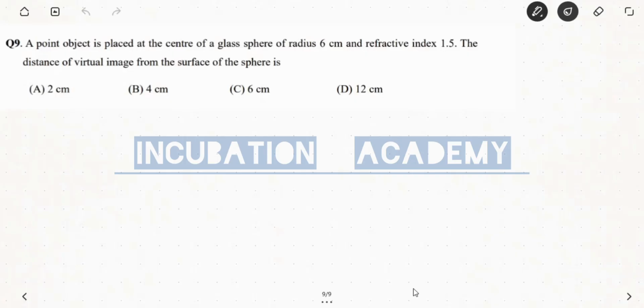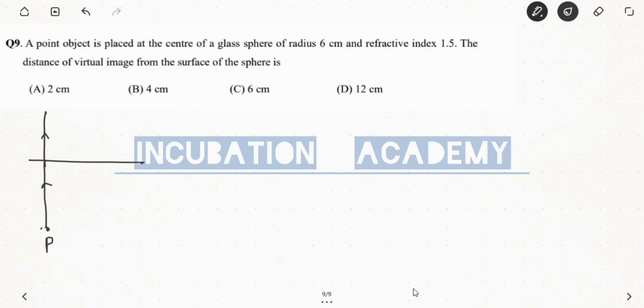One thing I want to say, we have already learned: if this is the object, then the light which is incident normally, without any change, will just refract.